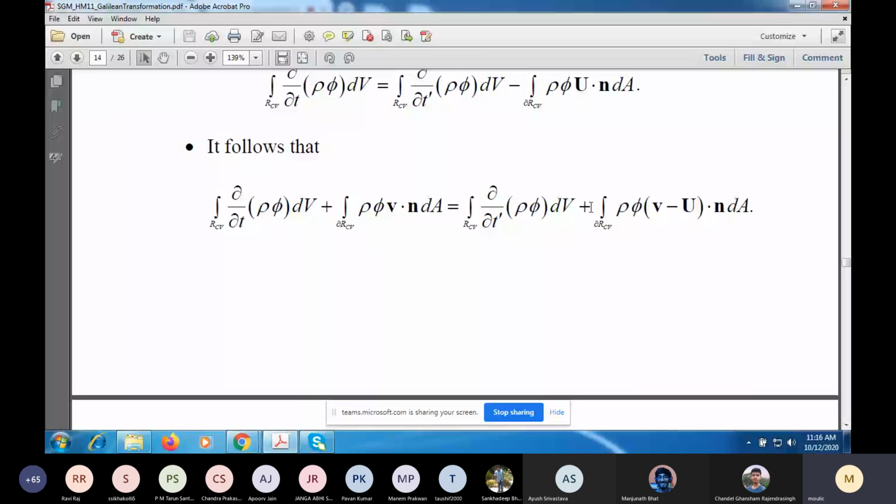Okay, so on the left hand side here you have the temporal derivative in the stationary frame, and the convective velocity is the fluid velocity measured in that stationary frame. And here on the right hand side you have the temporal derivative in the translating frame, and you have v minus u, the fluid velocity as measured in the translating frame.